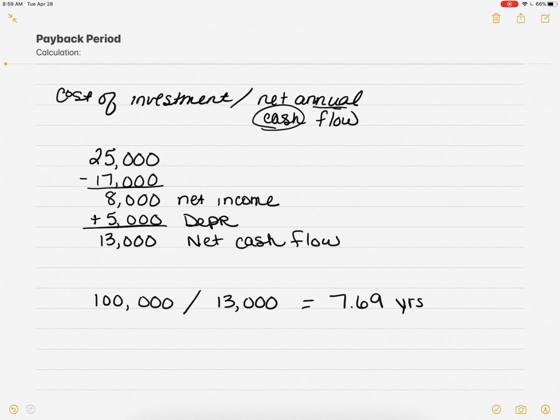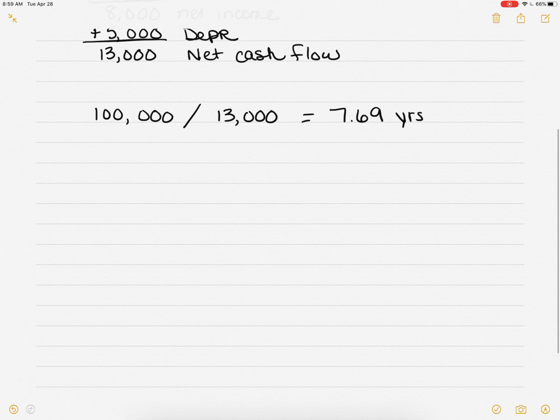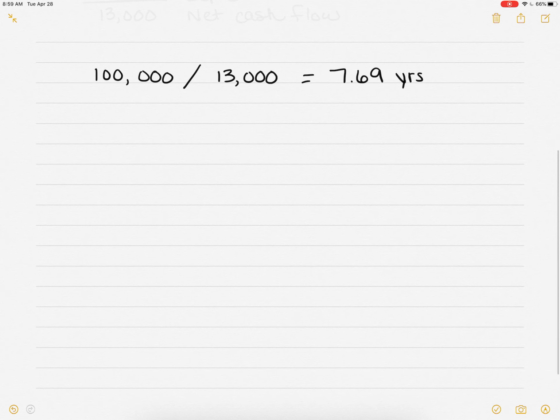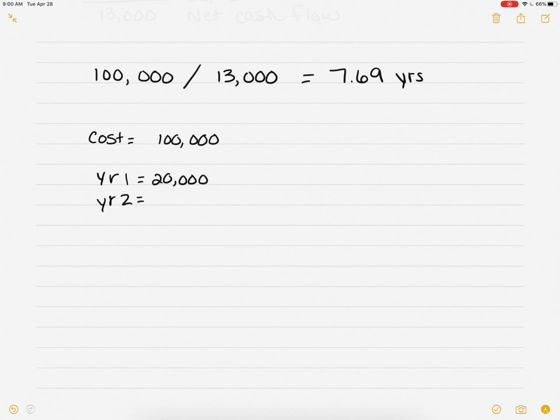Let me give you a quick example. So if, again, my cost of investment was $100,000, but my cash flows are different each year. Let's say in year 1, I get $20,000. Year 2, I'm going to get $50,000.